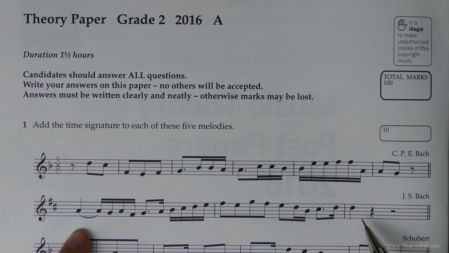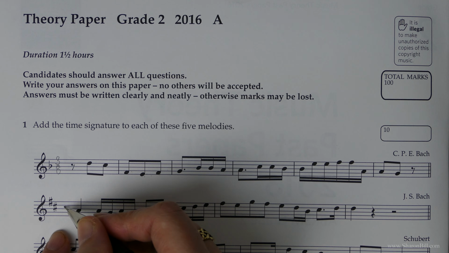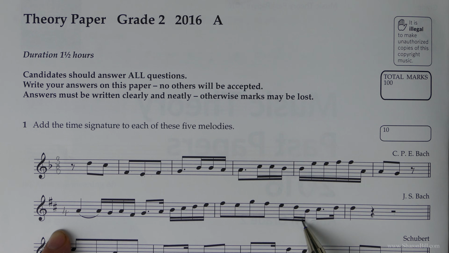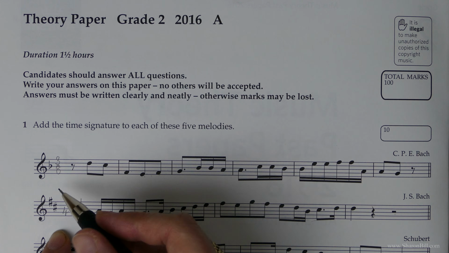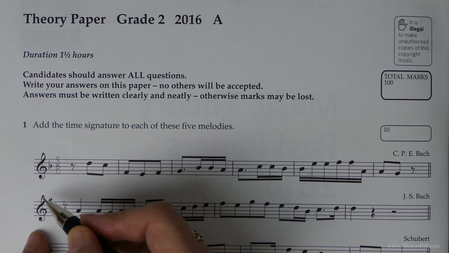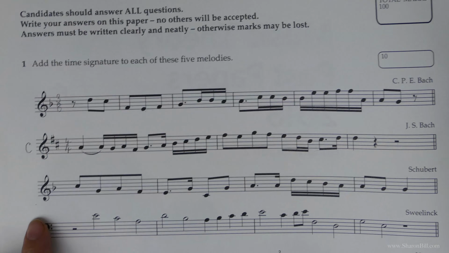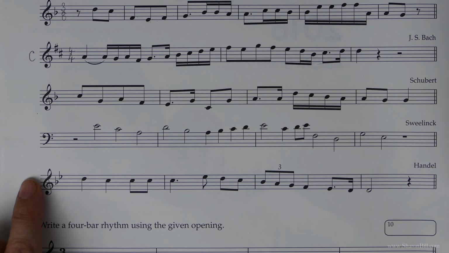So our bottom number is going to be 4, because we're counting in crotchet beats or quarter notes. And we can see that we've got 1, 2, 3, 4. Or we can look here, 1, 2, 3, 4. So it's 4/4. Alternatively, you could do a common time signature. Let's have a look at the next one.